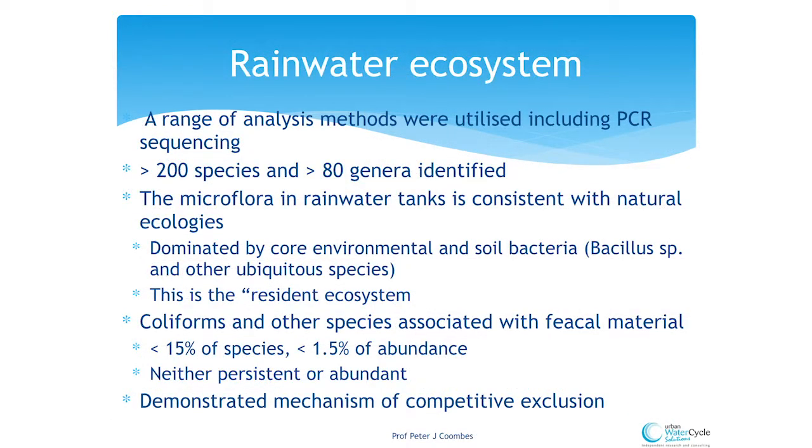So we have a rainwater ecosystem also. In the natural environment, nature creates a self-supporting system called an ecosystem. In a rainwater harvesting system, in the rainwater storage, it's also an ecology. It's a rainwater ecology with environmental and soil bacteria driving it. These bacteria are harmless to humans.